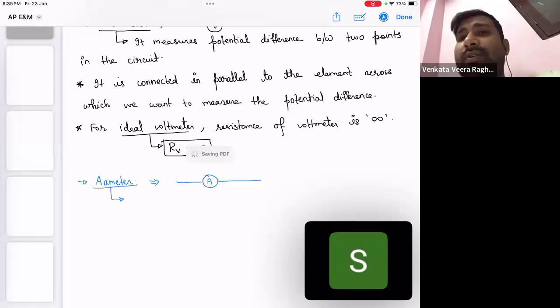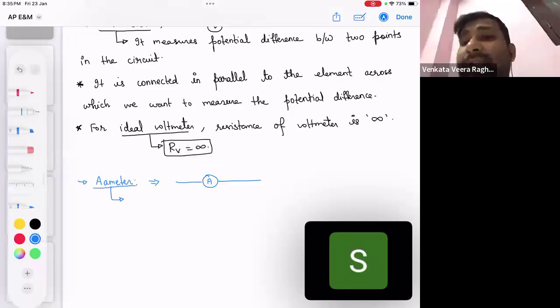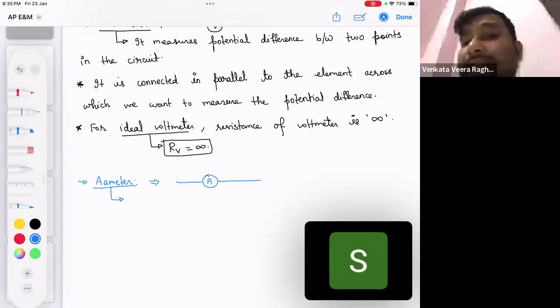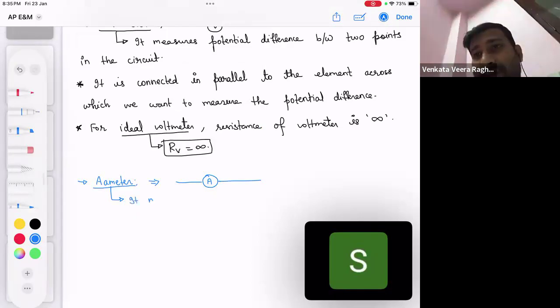It measures the current in the circuit. It measures the current in any circuit.